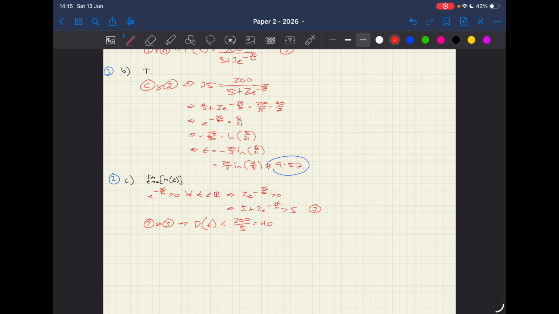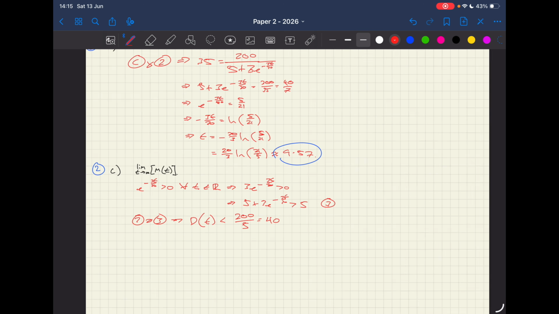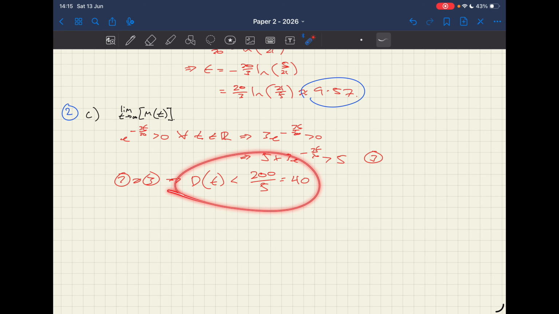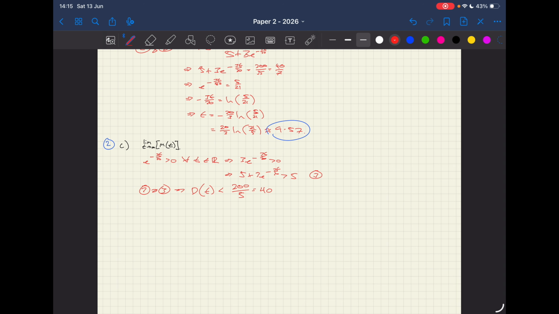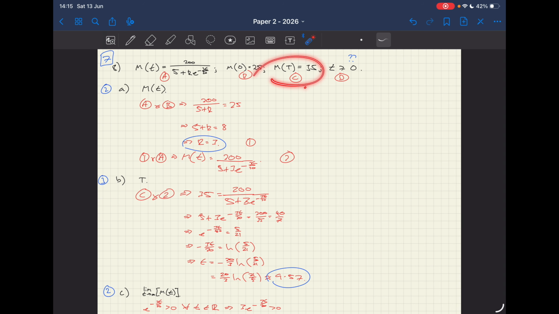Does that all look good? That all looks good to me. Is that the correct one? Let's find out. Yeah, 40. So we know it's stuck there. We just have to show at some point it's underneath. But what we do have is that at some point it was 35.